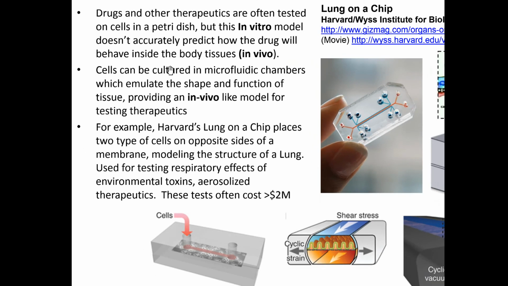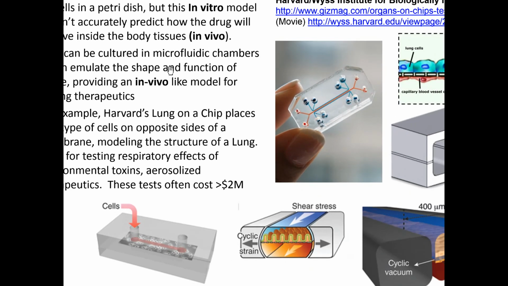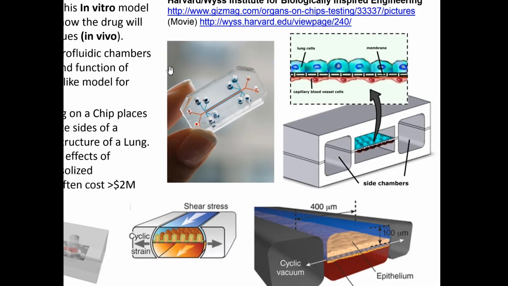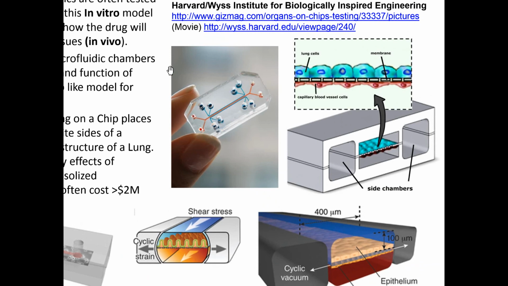If we look at the structure of a lung, some pictures of it are shown here. All right, in a lung, you'll have a membrane separating the blood vessels on one end. Remember, in your lungs, if you remember from anatomy and physiology, the oxygen in the air diffuses into your blood.